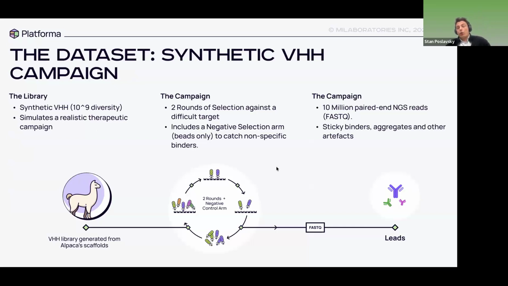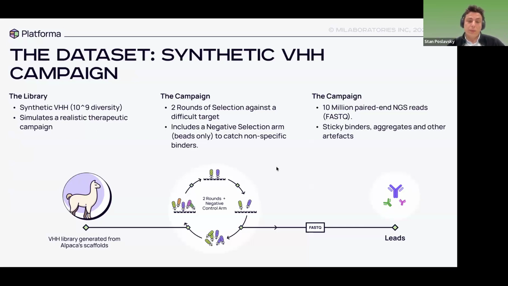The data set that we're going to use as a demonstration is a pretty complex VHH data set. It's a real library, although it's a synthetic library of VHH with high diversity. The backbones of the nanobodies were used from the real alpaca, and it's a real therapeutic campaign.